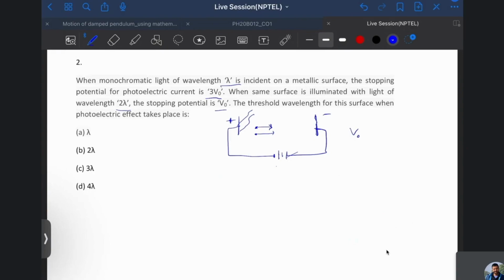Electron will not have sufficient kinetic energy to reach here. Okay. So let's call that wavelength lambda naught our threshold wavelength.